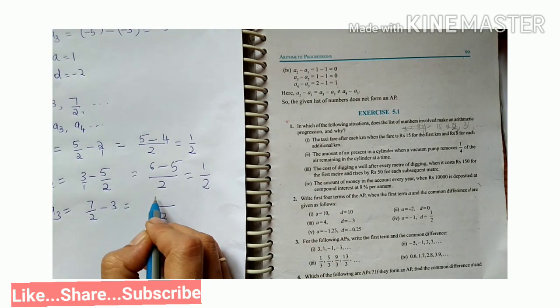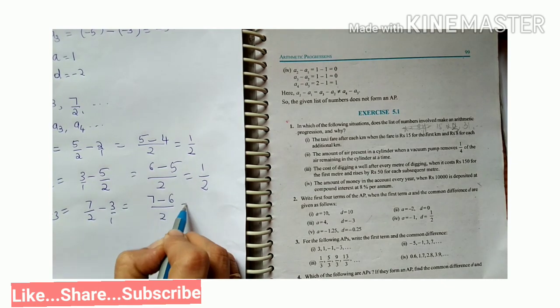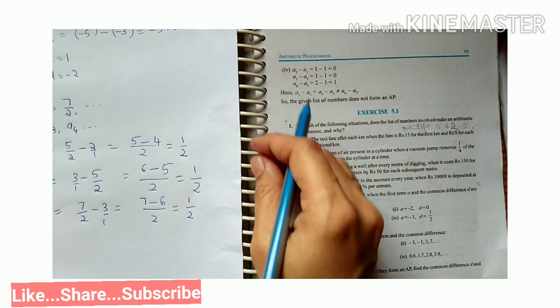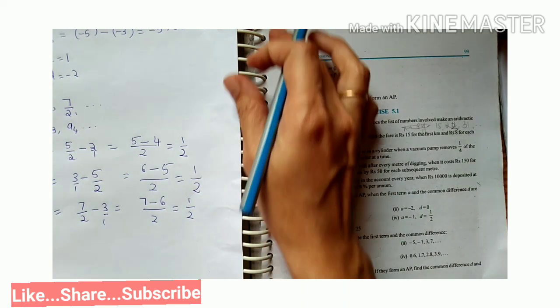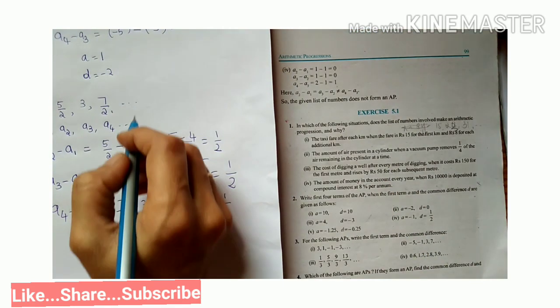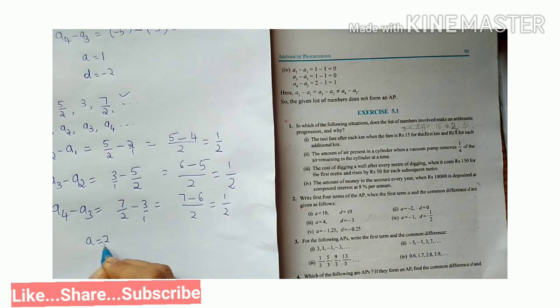Here 2, 7 minus 6, half. Here the difference of any two consecutive terms in each case is same. So the given list is an AP. First term is 2, common difference is half.